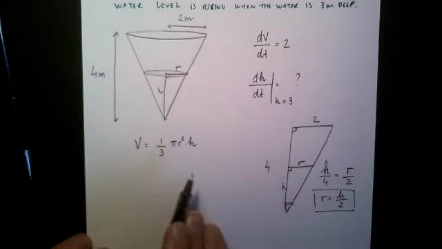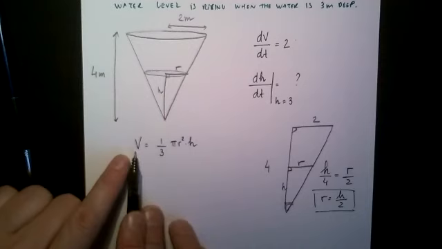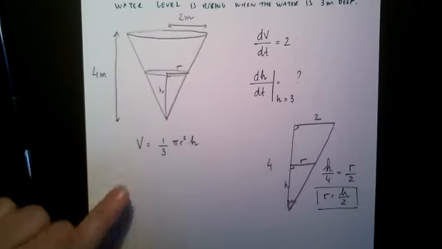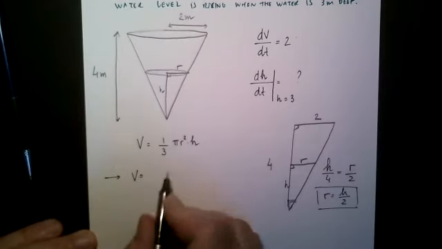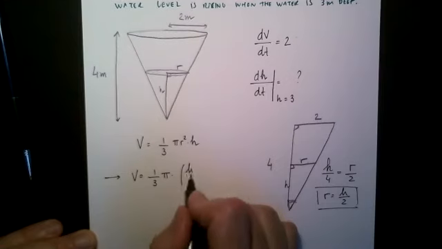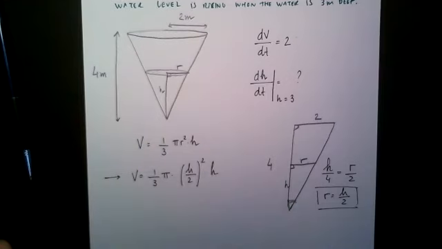The radius is h over 2, and I can now replace the radius here by h over 2, and I'm going to have a full relation between volume and height. So V will be 1/3 pi times r, which is h over 2 squared, times h.